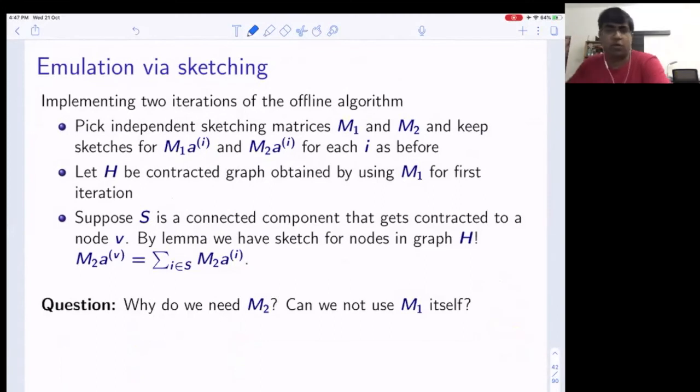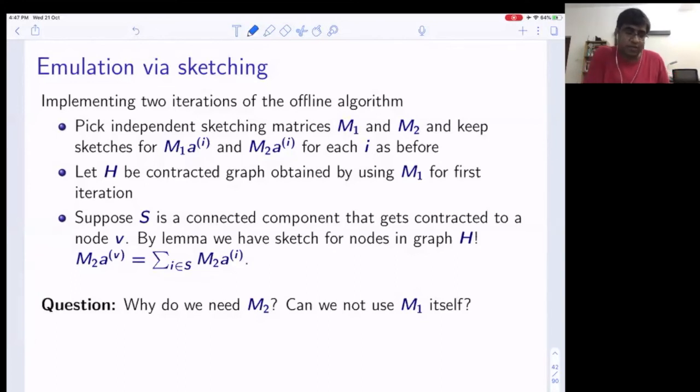But why do we need M2? Can we not use M1 itself for these purposes? Do you understand the question? Now you notice that I kept two independent matrices, and for each vertex I kept two independent sketches.